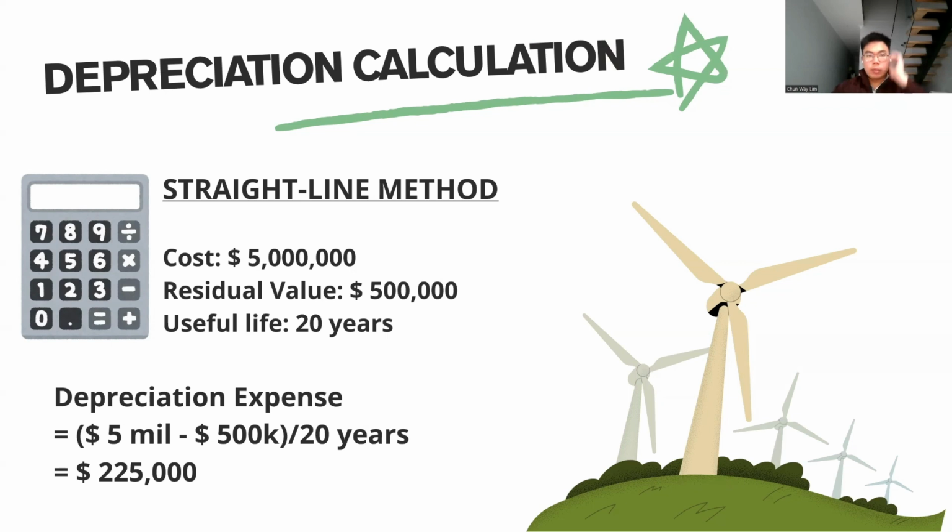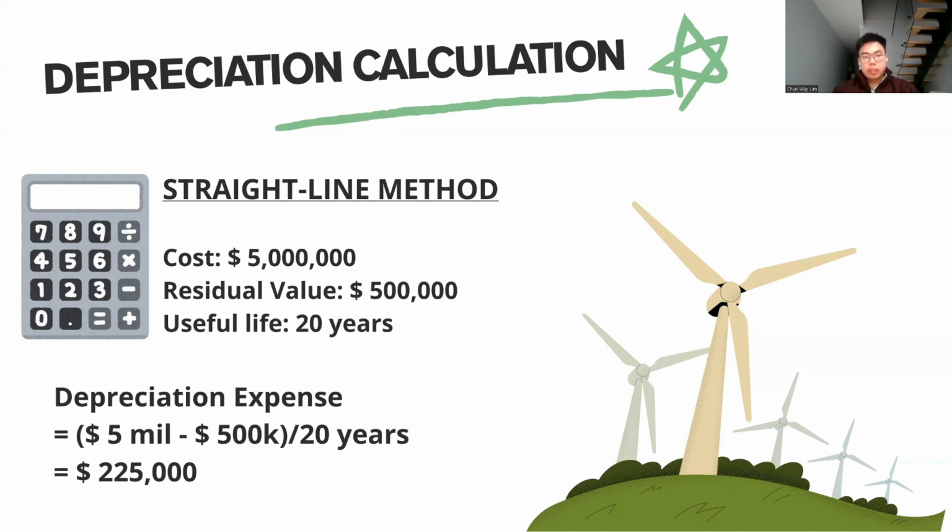The formula to calculate this depreciation expense is very straightforward. We take the cost of $5 million minus its residual value of $500,000, divided by the useful life of 20 years. So in this case, the turbine will be depreciating at a consistent rate of $225,000 every year.